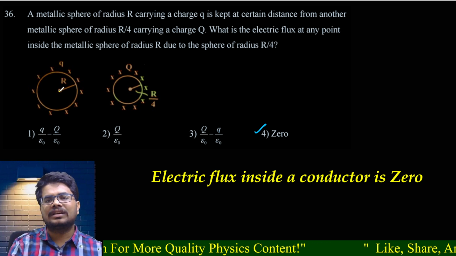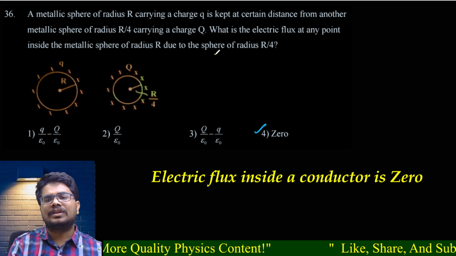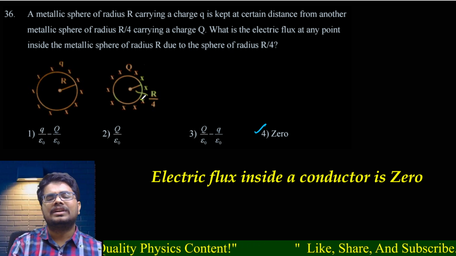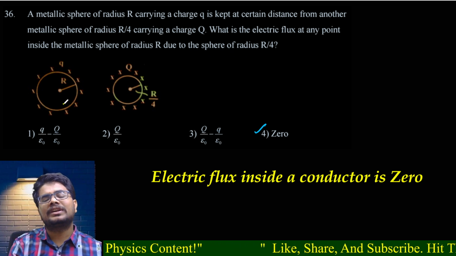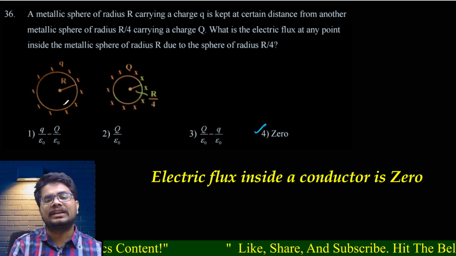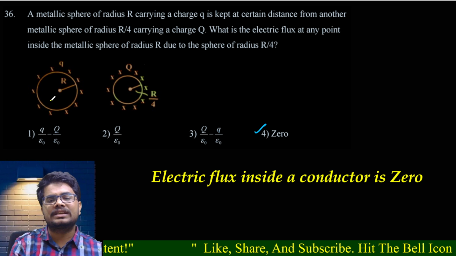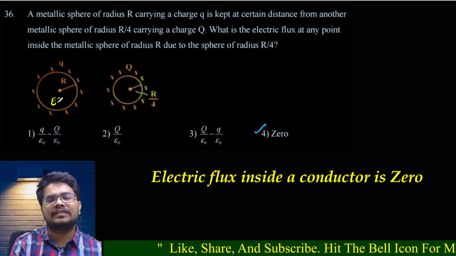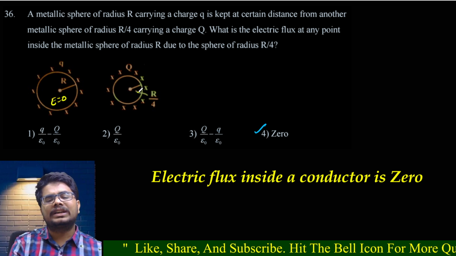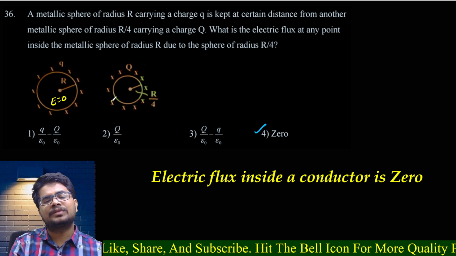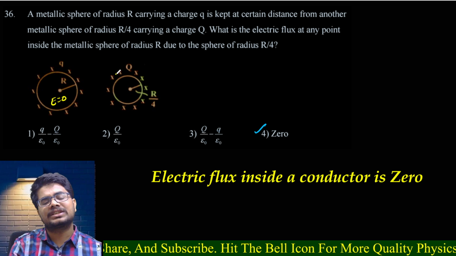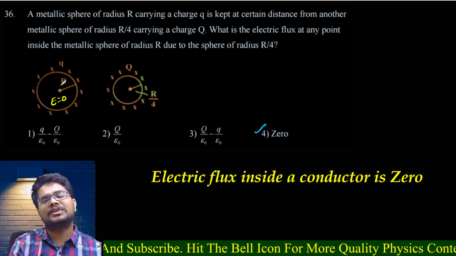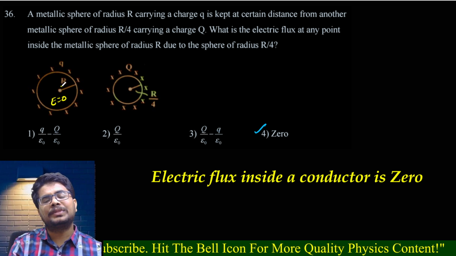We have studied the NCERT theory point of electrostatic shielding. Electrostatic shielding says that the electric field inside a conductor is always 0, whatever the outside field configuration or charge configuration. Inside, the electric field must be 0, because flux is 0.